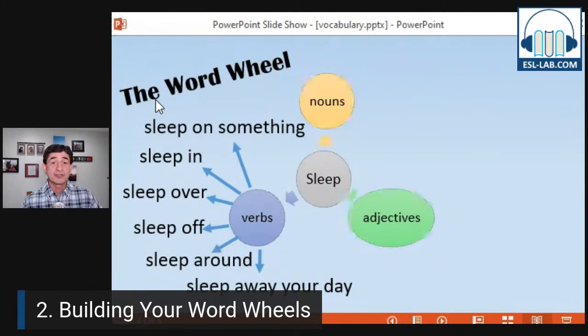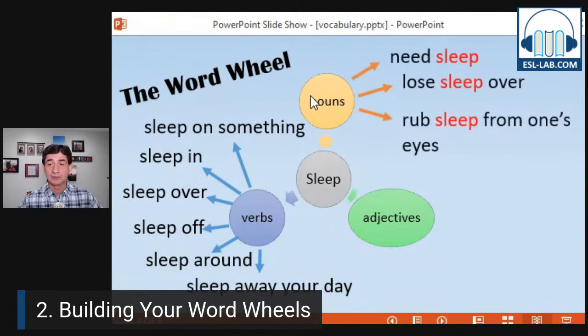Now, also when you think about nouns, well, what about nouns? Well, you need sleep. I need sleep. All right, I've been working so hard. Lose sleep over. No, don't lose sleep over that job, or don't lose sleep over your broken relationship. Right? That means to worry too much about, or rub sleep from your eyes.